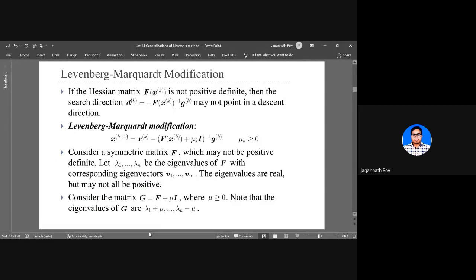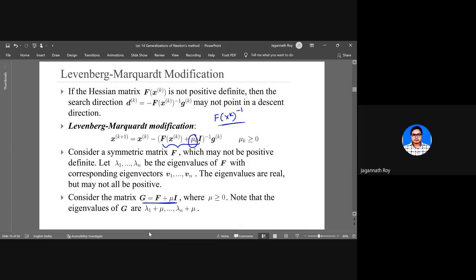If we have a negative definite or at least semi-definite matrix, where at least one of the eigenvalues is 0, then what we have to do is write, in place of this Hessian matrix, earlier we had the inverse of the Hessian matrix f of xk, we will substitute some mu k into I, so that the resultant matrix becomes positive definite. How can we make it? We will see.